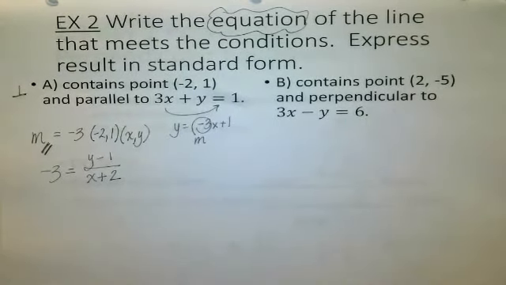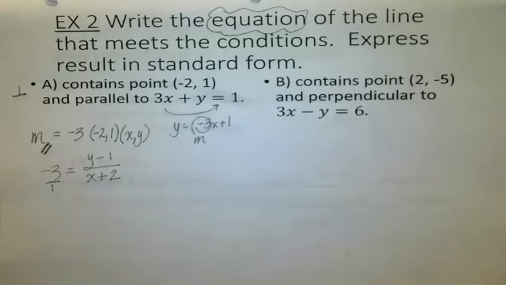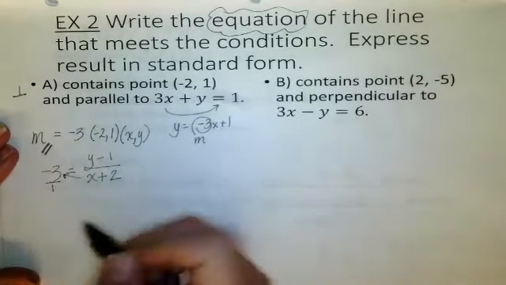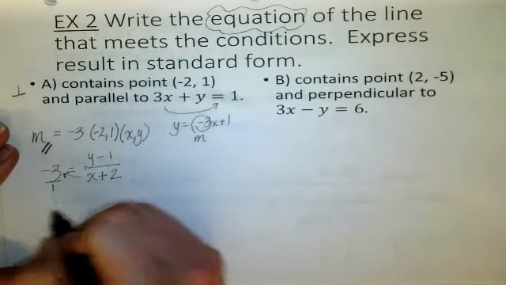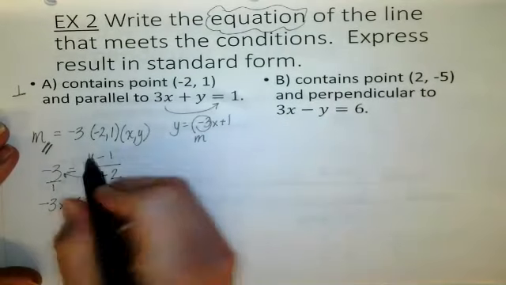Are you good with that? That's what we did yesterday, right? And then I'm going to just make that -3 over 1. And we can do what? Cross multiply. So -3 times my denominator is going to give me? Good. And then 1 times my numerator?